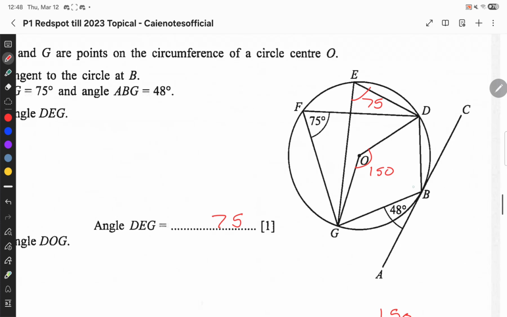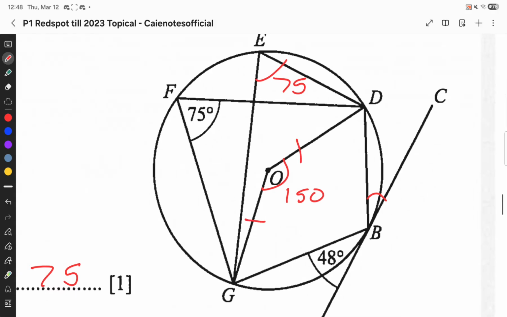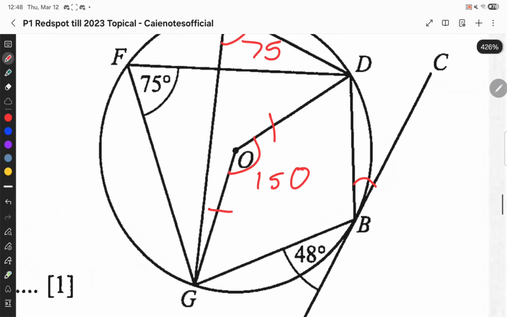DBC. What is DBC? No, we cannot use AST. This is so annoying, you know. We can do this many ways.